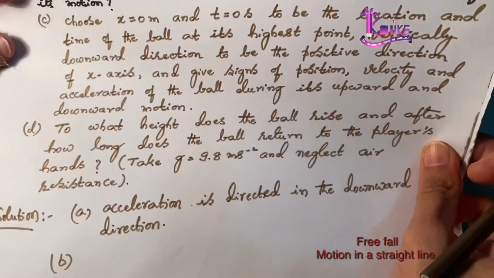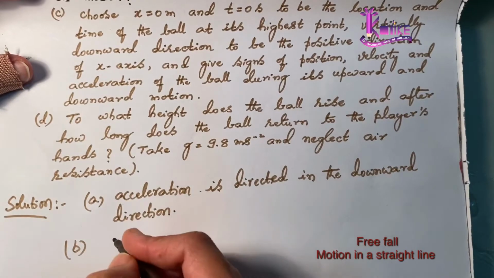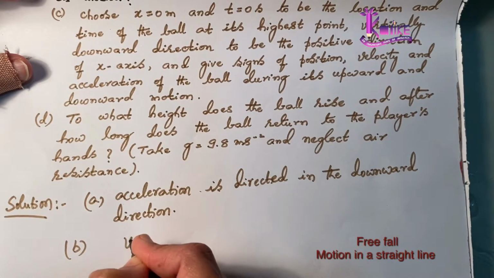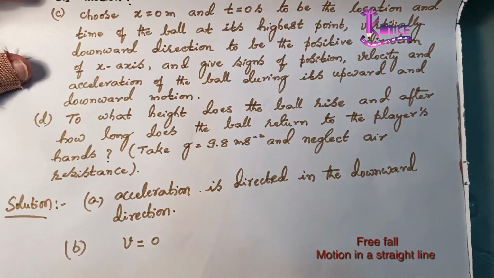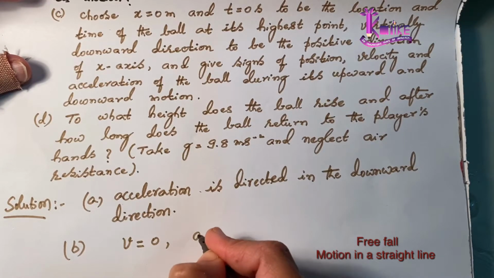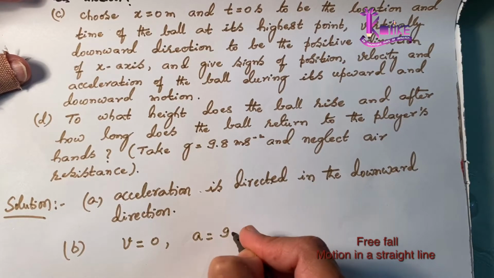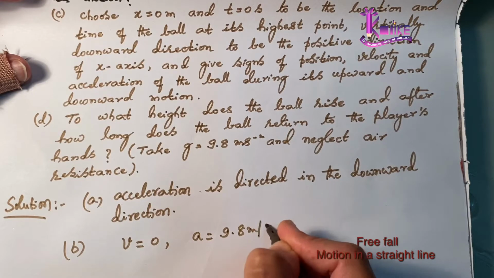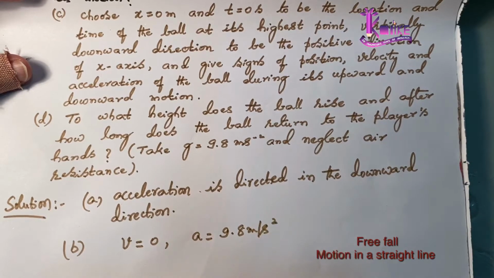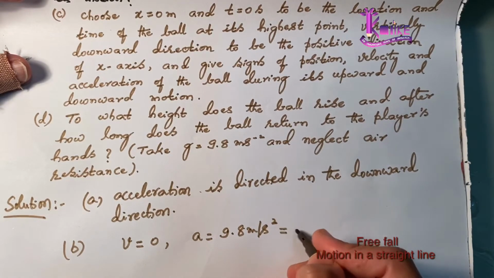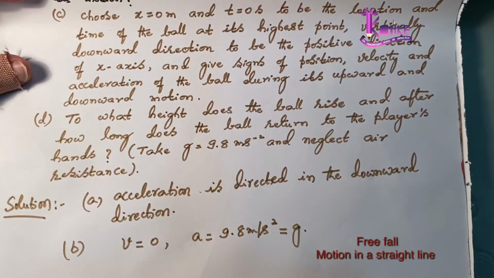So at the highest point the velocity of the ball is 0 and the acceleration experienced by the ball is 9.8 meter per second square. It is always equal to the acceleration due to gravity, which is nothing but g, right.